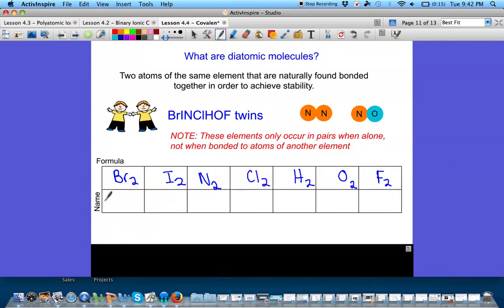And I told you that these don't follow the prefixes for naming. The name of these is just the name of the element. So if you're given the name bromine, the formula for it is Br2. I2 is iodine, N2 is nitrogen.